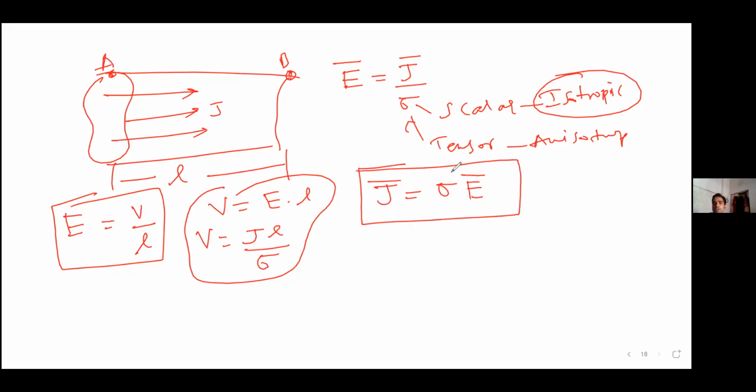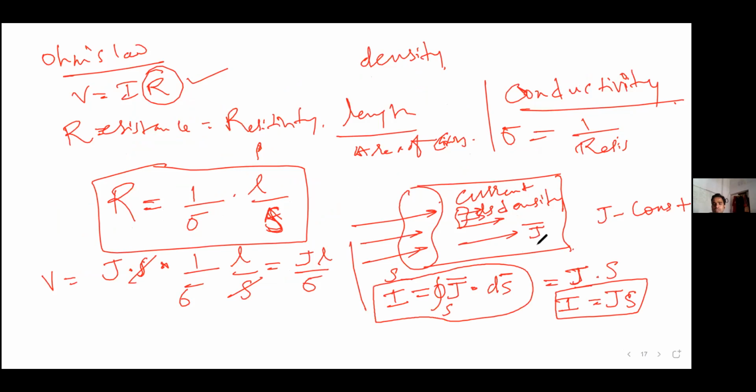This is an important relation between the current density and E bar. What is current density? It is current flow per unit area.